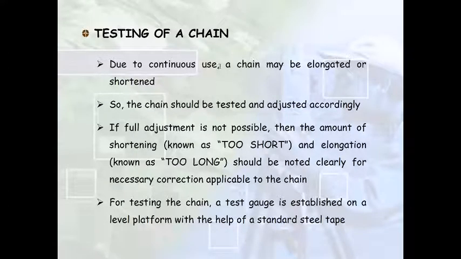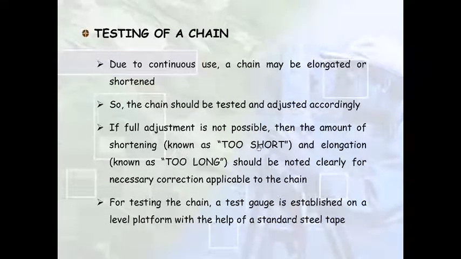Let's explain it like this. If your measuring tape is of 30 meters, that means when you measure a length on ground in full extension of your measuring tape, the distance should be 30 meters. If your measuring tape says that the distance is 30 meters, while in actual it is measuring a distance more than 30 meters, that means your measuring tape is too long.